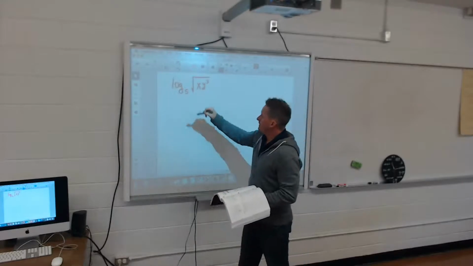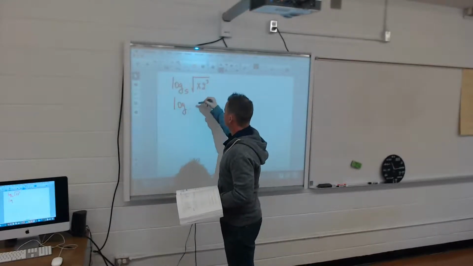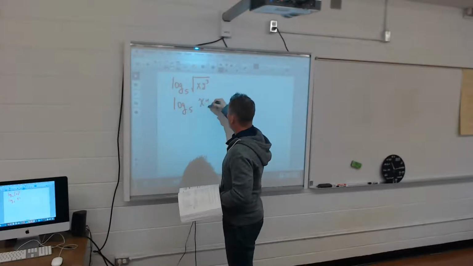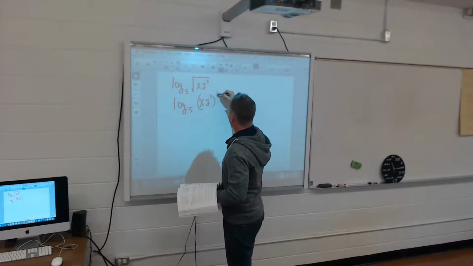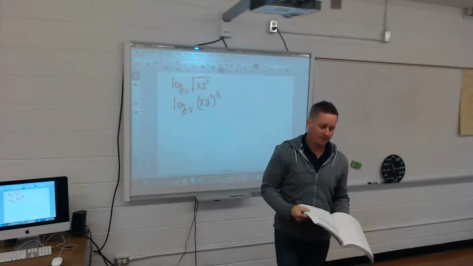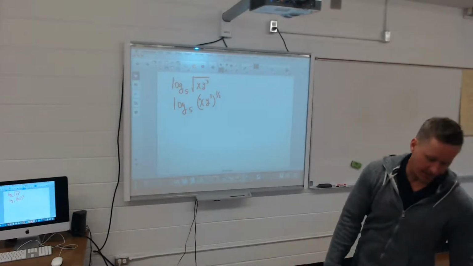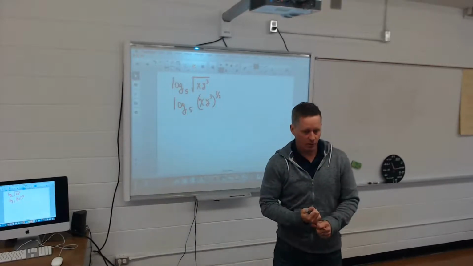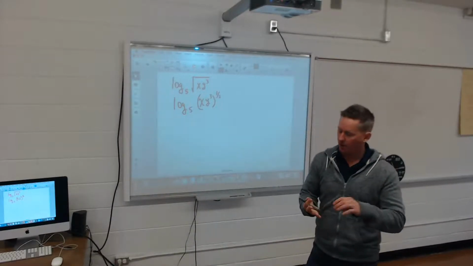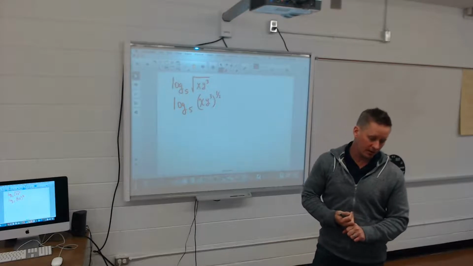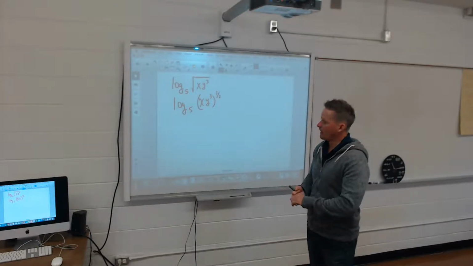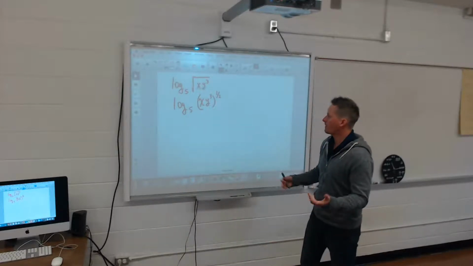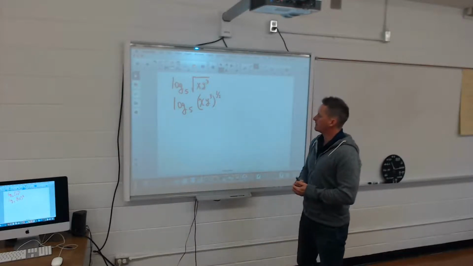Okay, so B, I can rewrite this as log base 5 of x y cubed to the 1/2. All right, we got to remember that. So again, we are applying log rules that we learned in applied. We're applying exponent rules that we learned in grade 11. We're applying radicals now, changing those to exponents. We're applying a lot of the math that we've done up to this point.